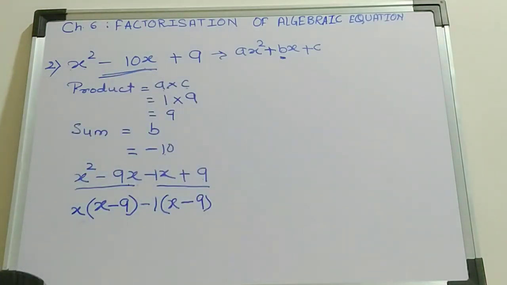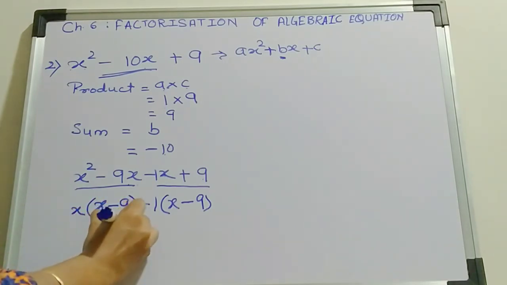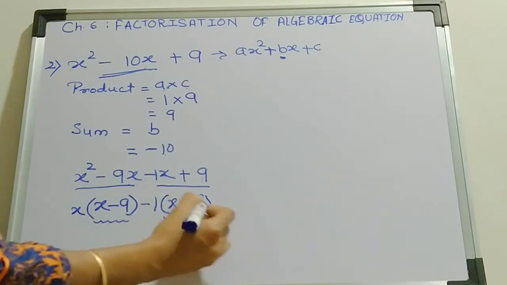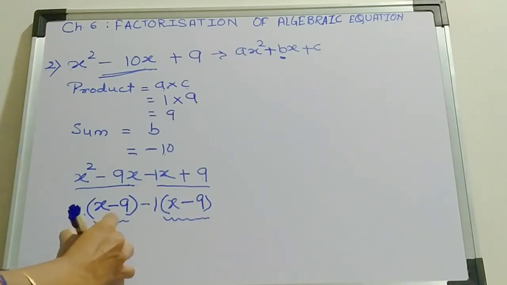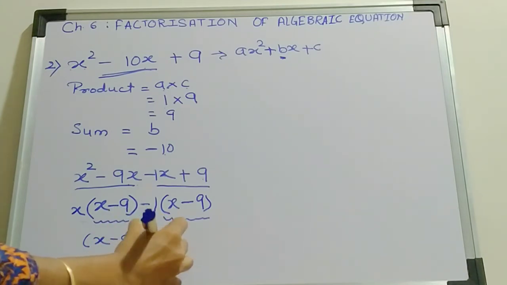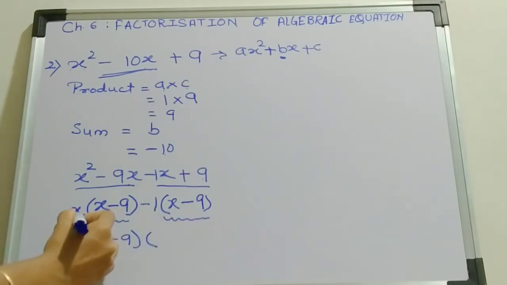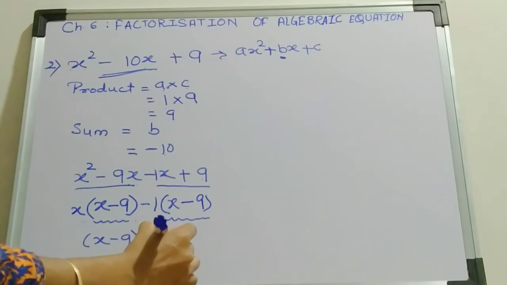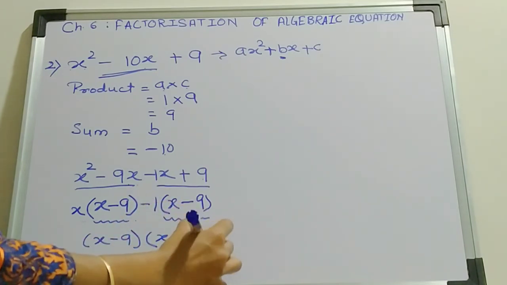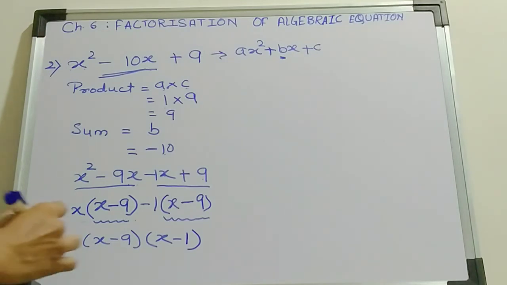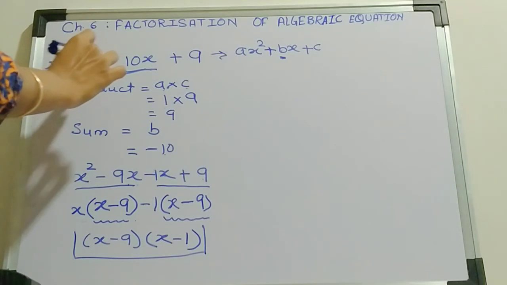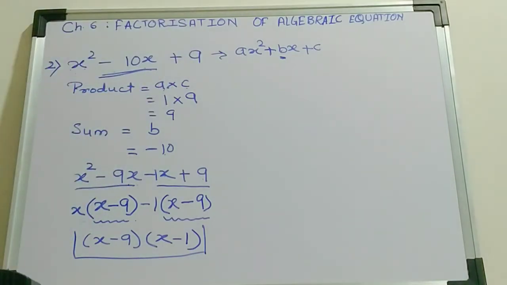Okay, so x minus 9 from this term, from the second term again x minus 9. So I can write x minus 9 common. So the remaining term from the first is x minus, from the second 1 is remaining. So these are the factors for x square minus 10x plus 9.